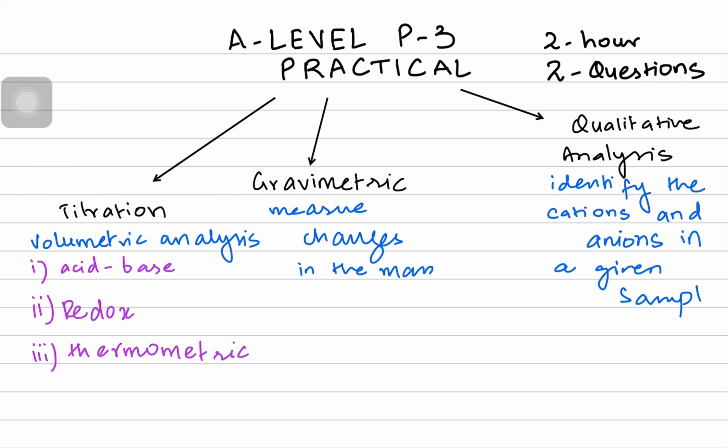Make sure that you have the qualitative analysis table at the end of the exam. You don't have to memorize that. It is already given, but you will have to know how to use that table.